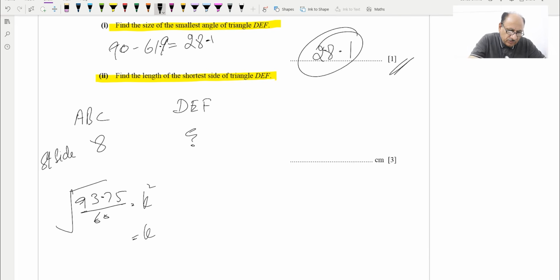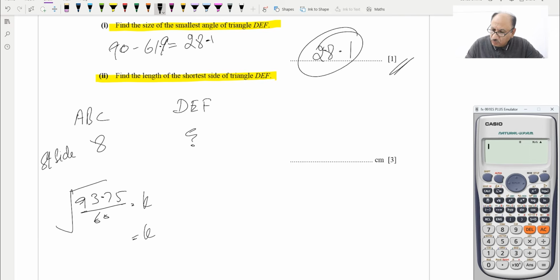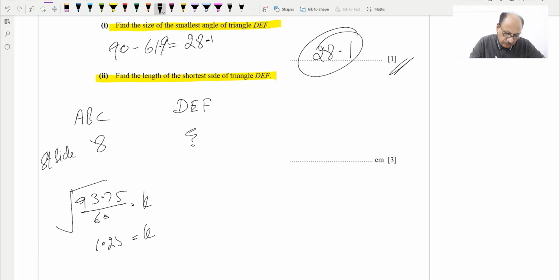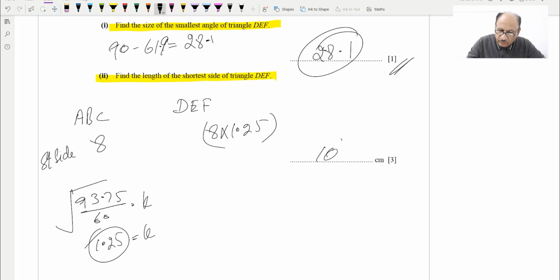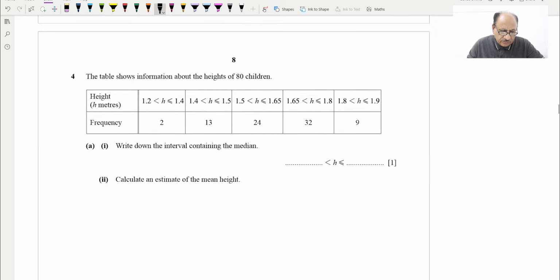So k will be equal to the square root of 93.75 over 60, and this is equal to 1.25. So 1.25 will be used. So 8 into 1.25 is what our answer will be, and now 8 multiplied by 1.25 will be equal to 10. So this is the answer, 10 centimeters. This is for 3 marks. Hopefully you understand this. Question number 4.